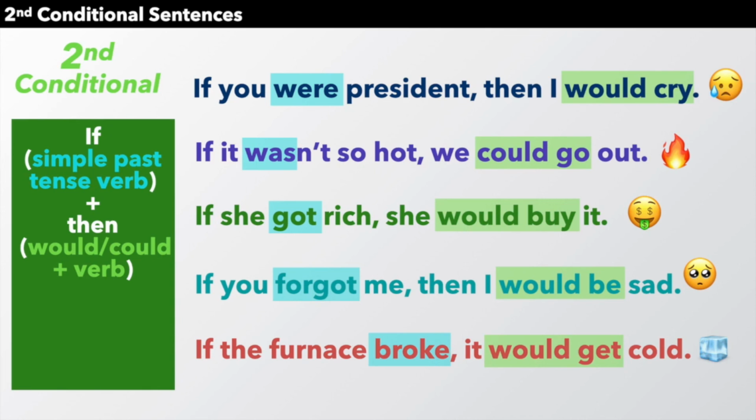Remember kids, we have to use the verb in the past, but only when we have the word if. The if expresses conditions. So if we have the word if, the next verb is in the past, and the main clause is with the word would or could. So we have some examples here.